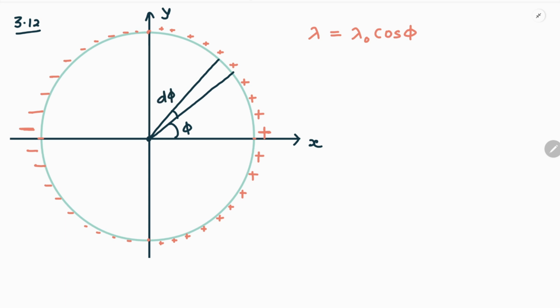It is also convenient for us to understand, after understanding the orientation of this charge, that the electric field at this point, which is the center, will be directed only towards the negative x direction. This is going to be the electric field at the center.